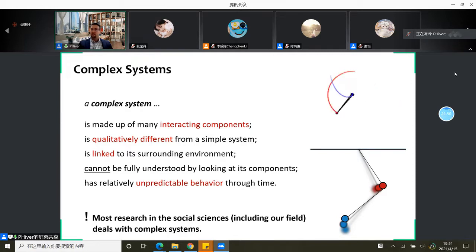First, this system is now made up of interacting components. Okay, because of these interacting components, this is qualitatively different from a simple system. It's qualitatively different. And it's not possible to fully understand its behavior just by looking at the components. We would have to understand their interactions through time to understand the system.